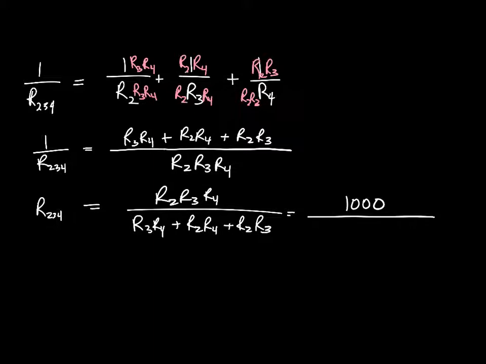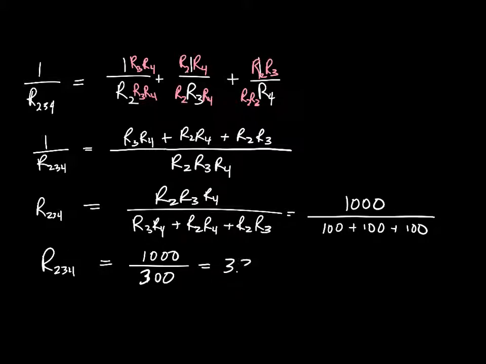Because it's all tens, 10 times 10 is 100, so 100 plus 100 plus 100, so R2,3,4 will be 1,000 divided by 300, which will be 3.3 ohms.